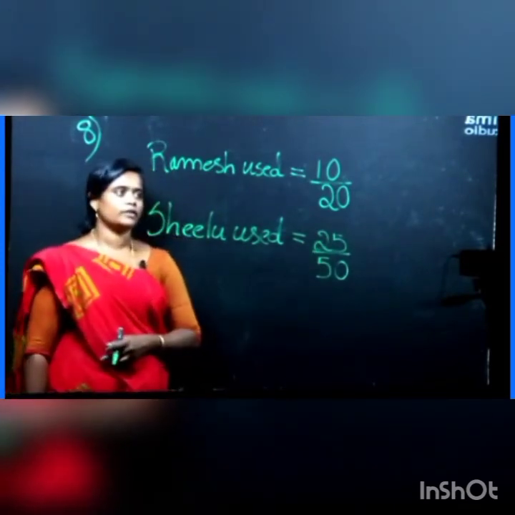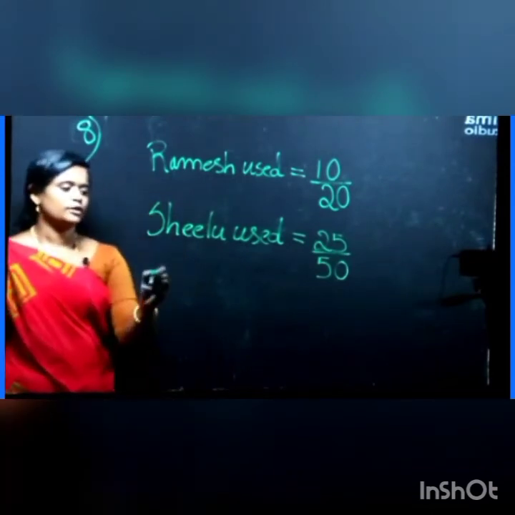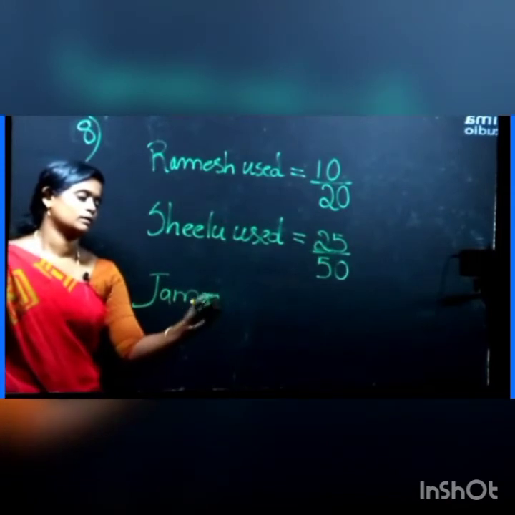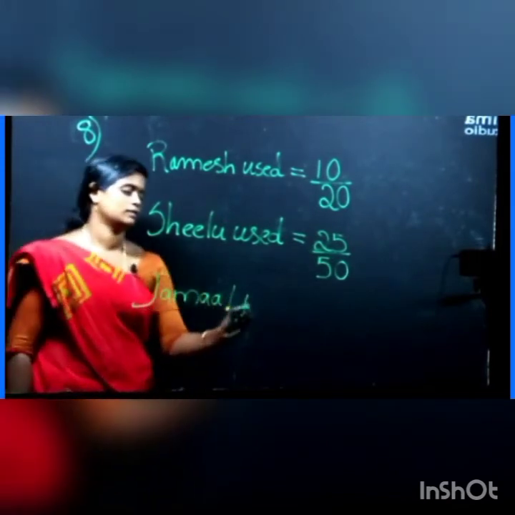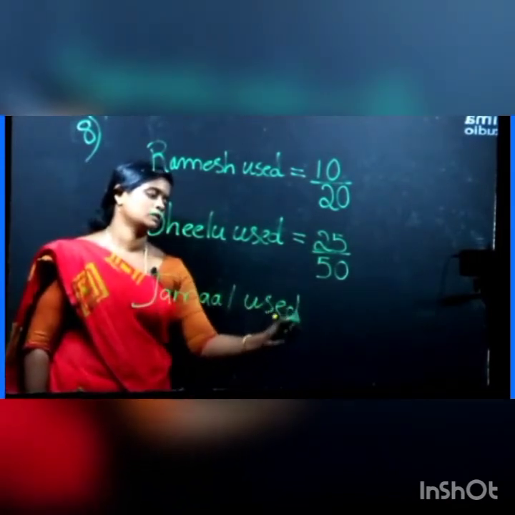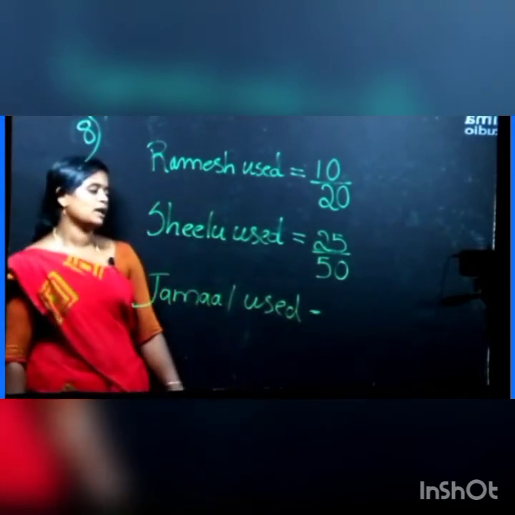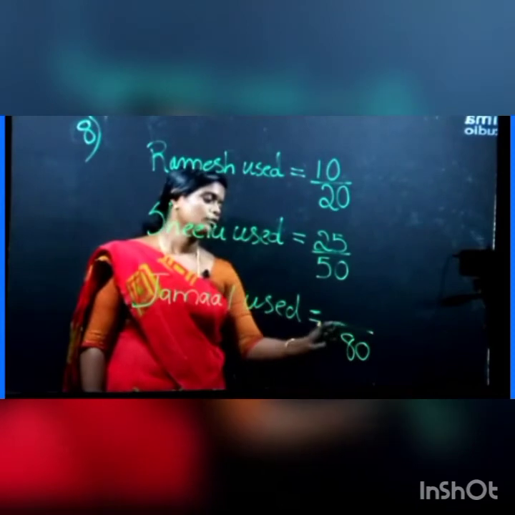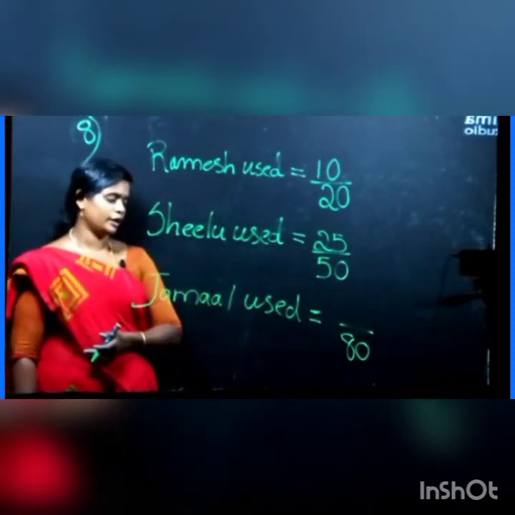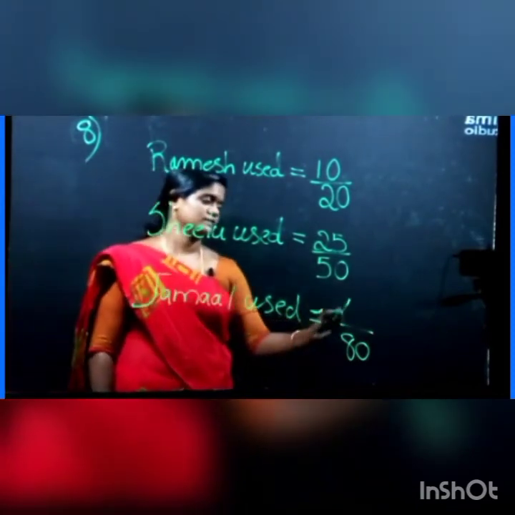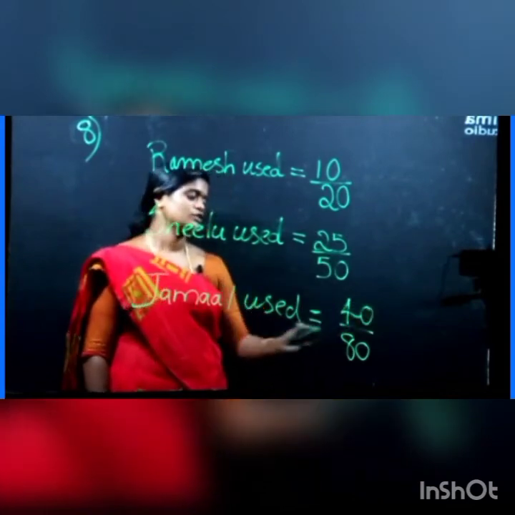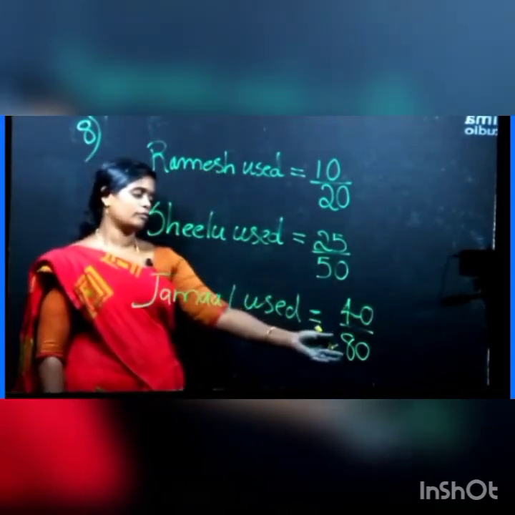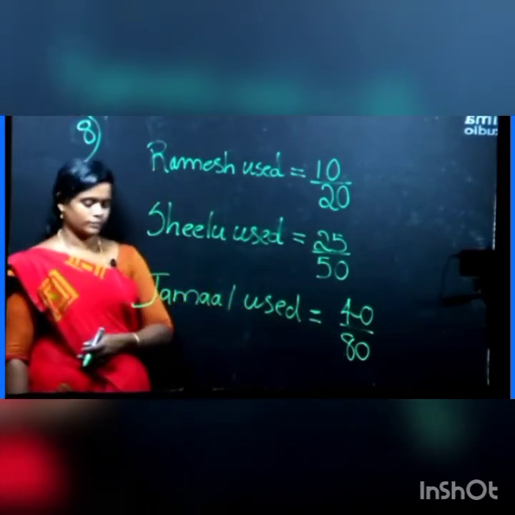Next we need to find the fraction of pencils used by Jamal. Since Jamal has a total of 80 pencils and out of that he used 40 pencils, the fraction of pencils Jamal used is 40 by 80.